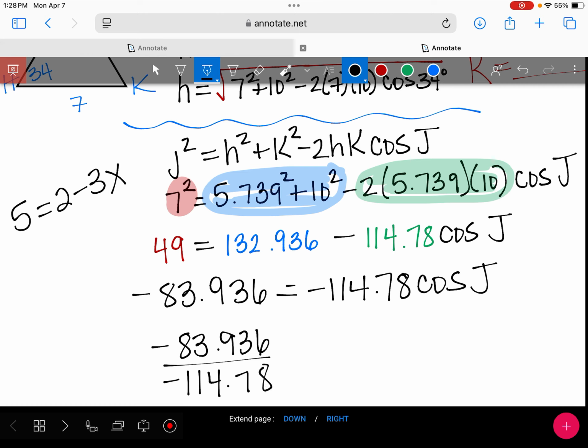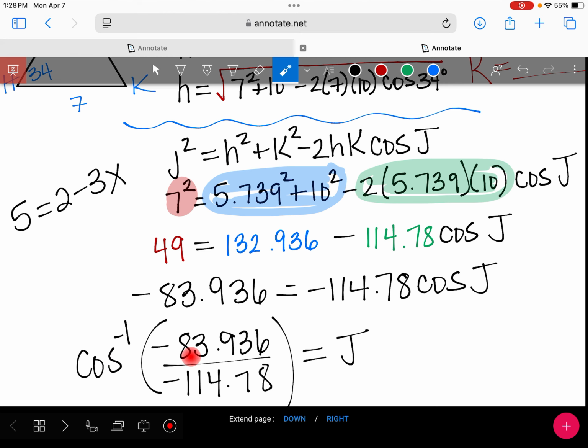114.78. And because I'm trying to find an angle, I have to take the inverse cosine of that to get angle J. Go ahead and type that in your calculator. And you do not have to put a negative over a negative because we know that's positive. It's not wrong if you do, but the calculator is going to automatically make these both positive. So figure out what you get when you type this in.